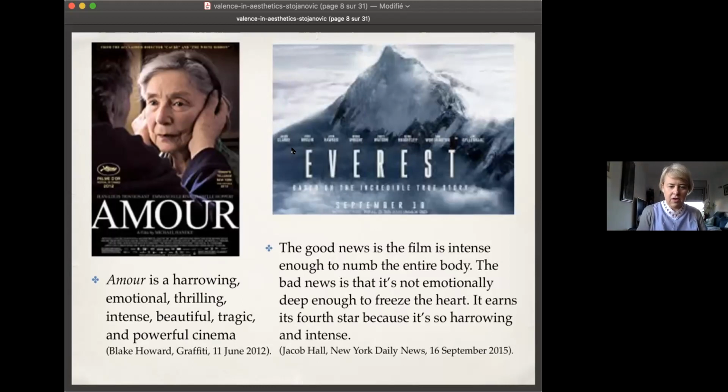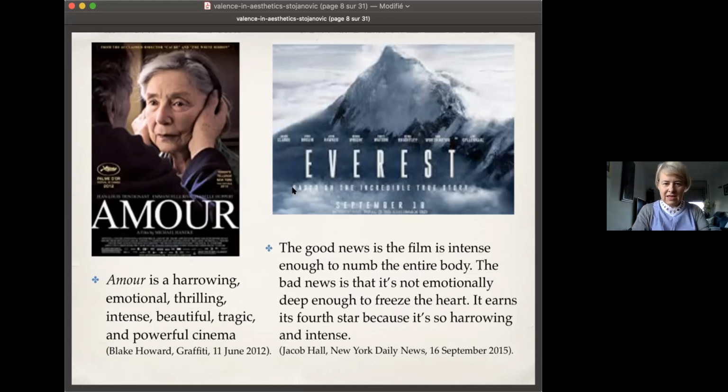So here is another example from the corpora. Amour, Haneke's movie, is harrowing, emotional, thrilling, intense, beautiful, tragic, and powerful cinema. And for those of you who have seen the movie, you know that it's a very different genre than Mad Max Fury Road, right? But still, this idea of harrowing and intense is present.